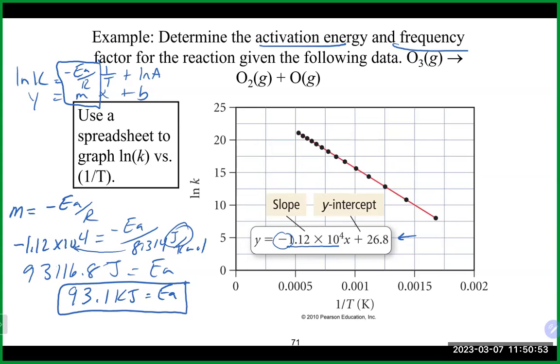Now the frequency factor is the A, and that is equal to the natural log of A. So it's important to know that the natural log of A will equal our y-intercept, and that is our y-intercept in this case. So that would give us the natural log of A is equal to 26.8.